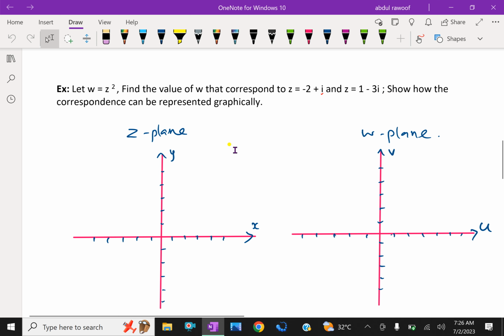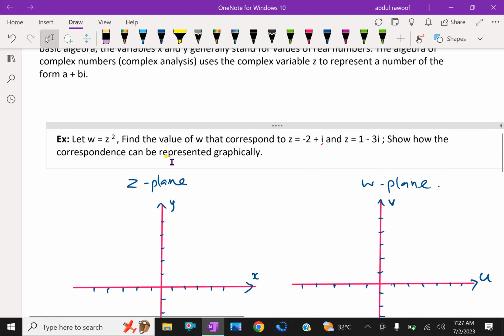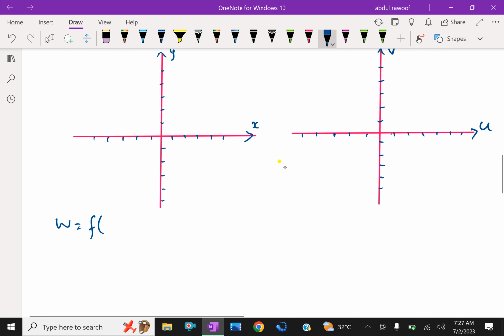Here, first we'll discuss the problem in detail. Given w equal to f of z, that is z square. So f of minus 2 plus i is equal to minus 2 plus i the square.